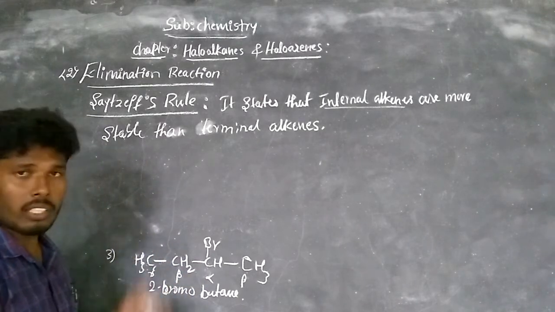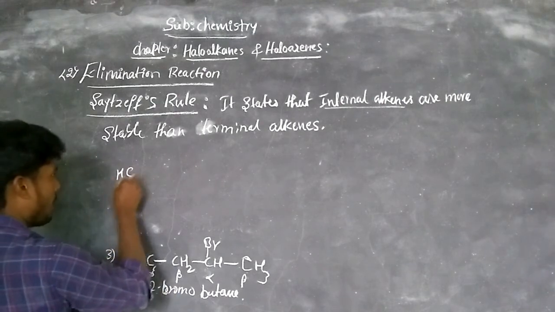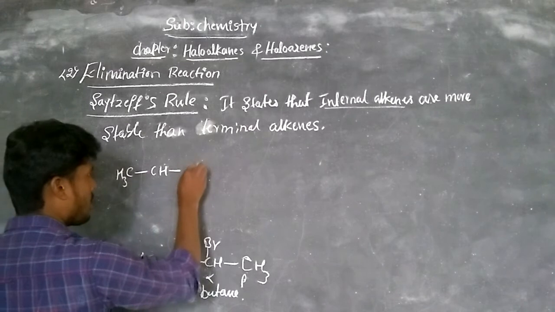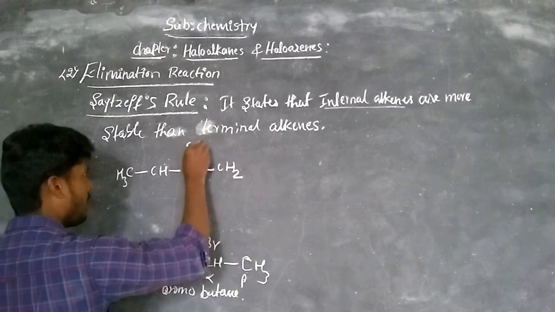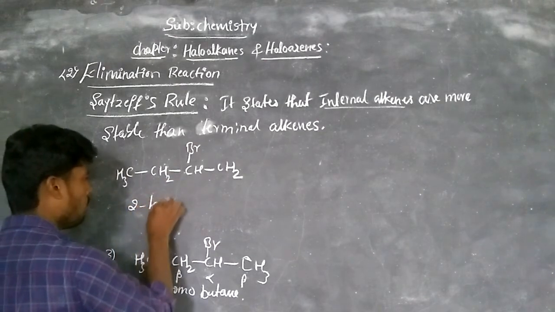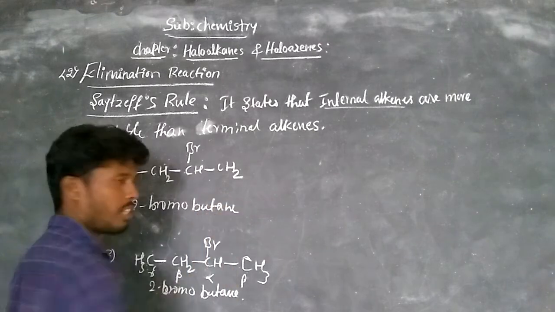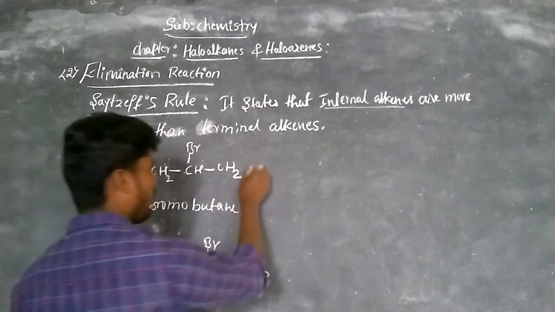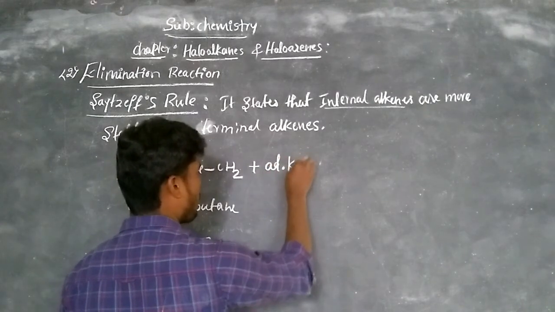So here take 2-bromobutane, CH3-CHBr-CH2-CH3, with one bromine and here hydrogen. This is called 2-bromobutane. It is treated with aqueous alcoholic potassium hydroxide.